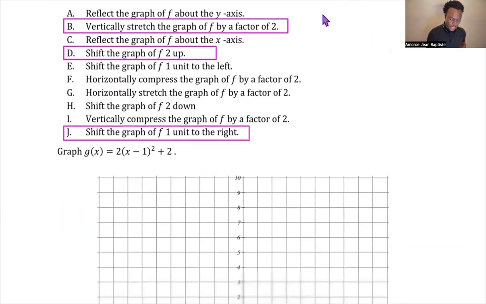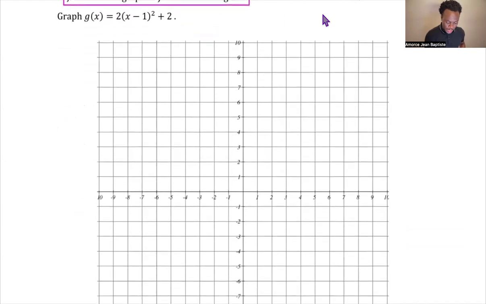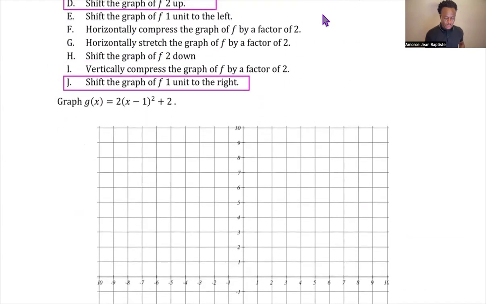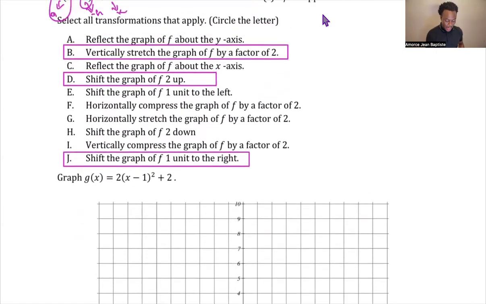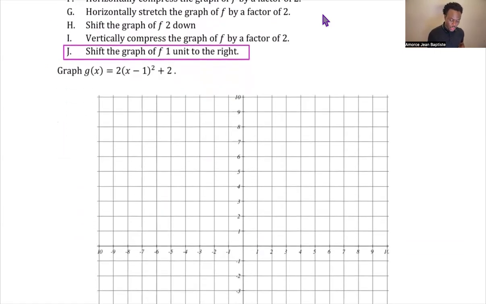And then we're going to need a table to sketch. In this one, we do not have the graph of the parent function. So I'm going to want to do a table for the parent and then a table for the transformed function.